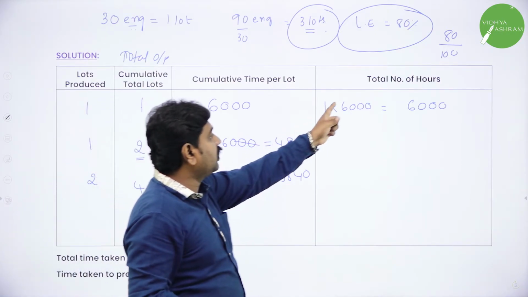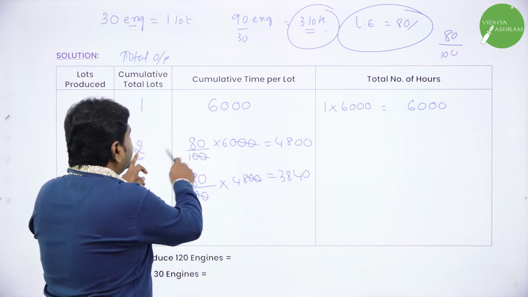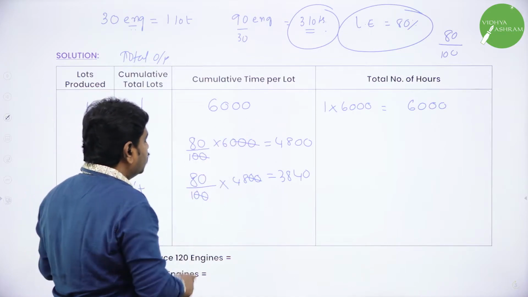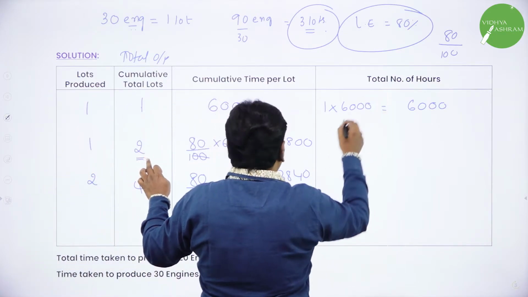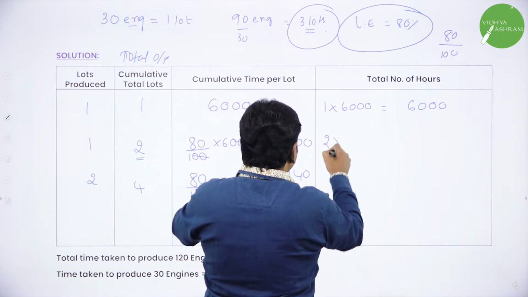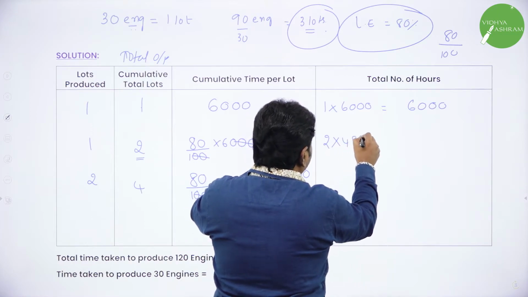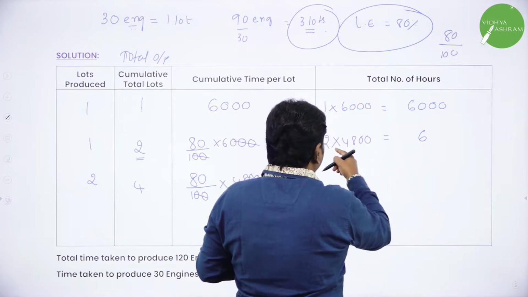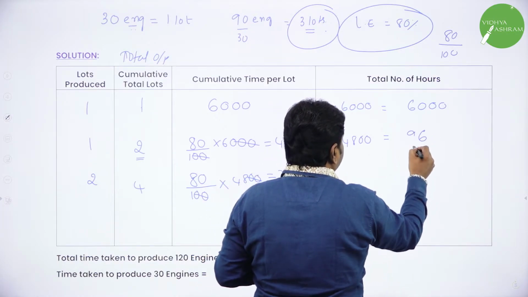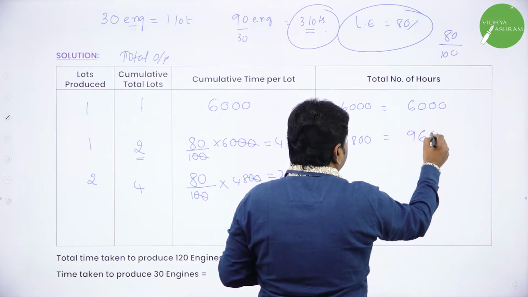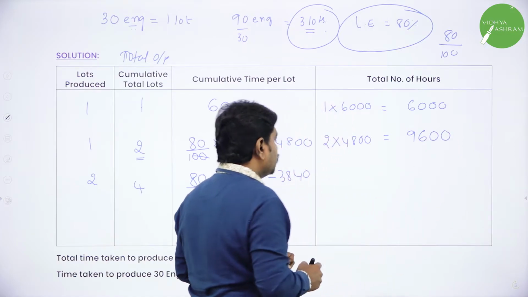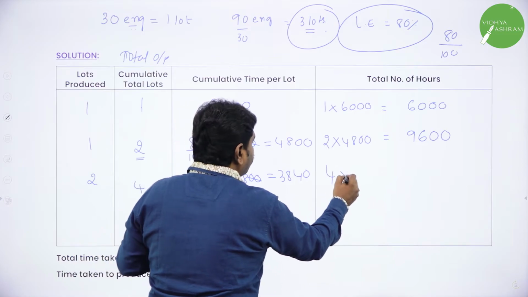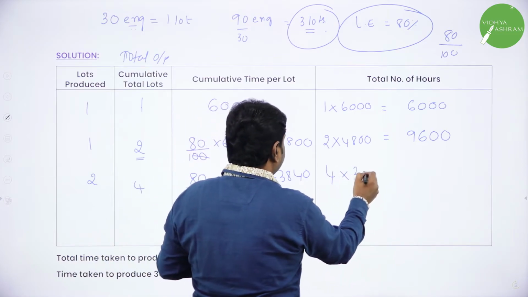Now total number of hours means output into this time. So multiply column 2 and column 3. Now for total number of hours, 2 units you are producing, and per unit you are taking 4800 hours. Multiply this. 2 into this. 2 8s are 16, 2 4s are 8 plus 1 is 9, 9600. Then we are producing 4 units, and per unit you are taking 3840 hours.